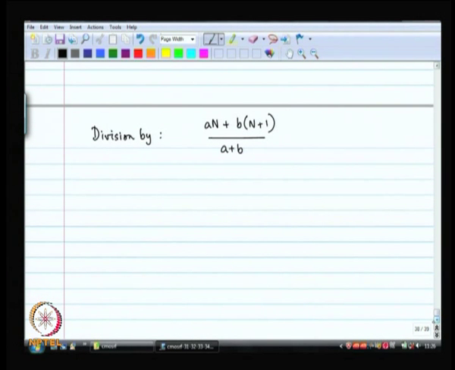Now, what does this mean? Is this number going to be more than N? Has to be more than N, right?